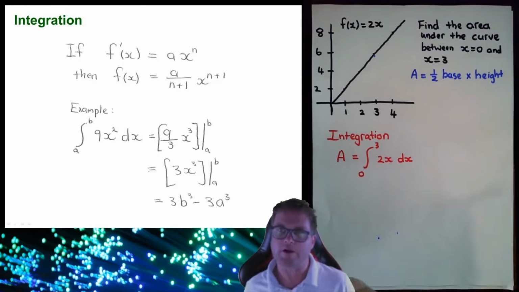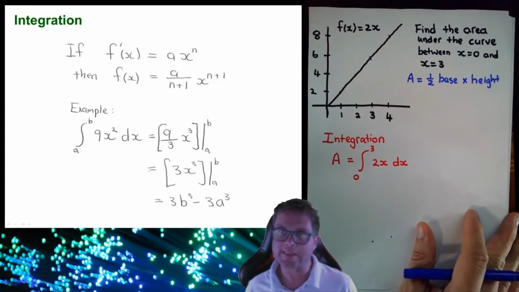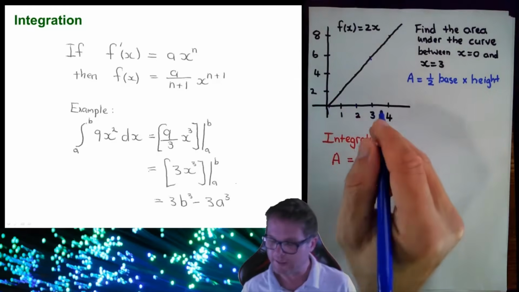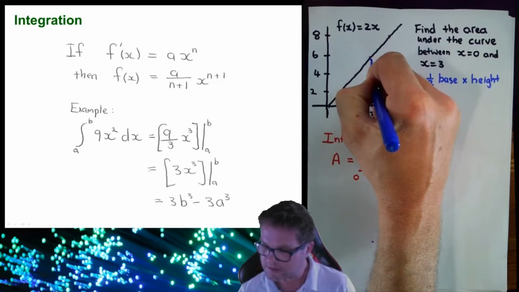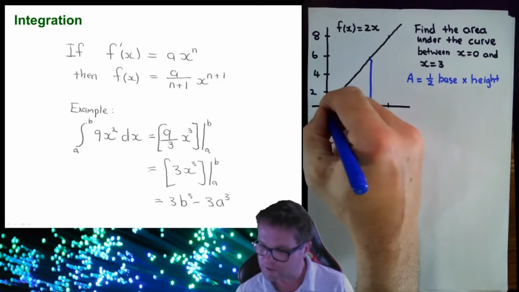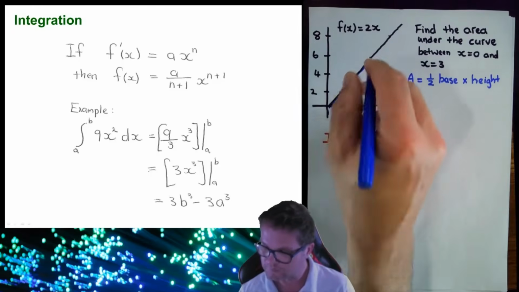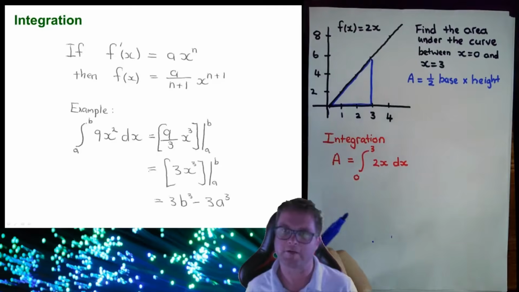But the problem we are asked is to find the area under this curve between x equals 0, so from here, and x equals 3. If we look at this, then this actually forms a triangle.